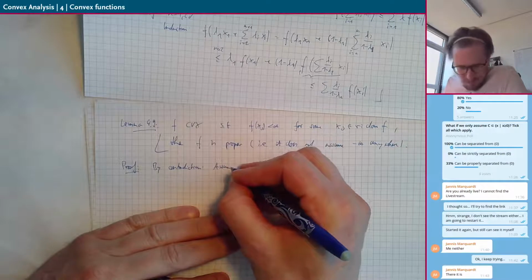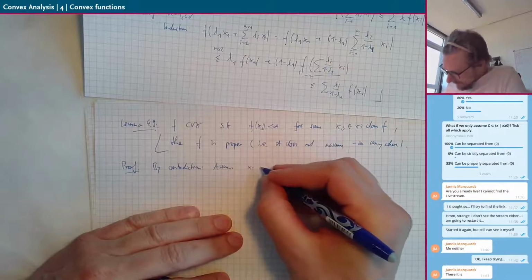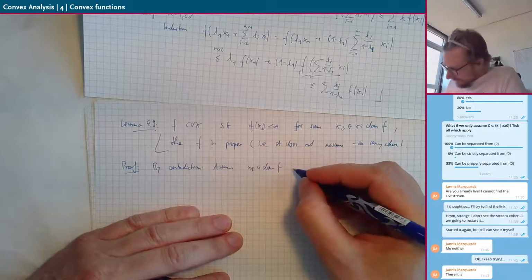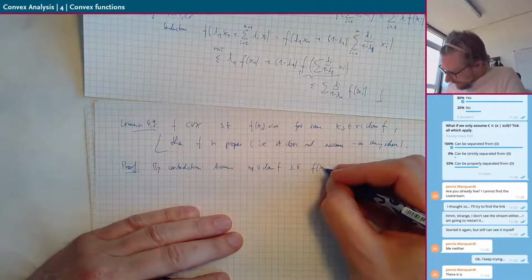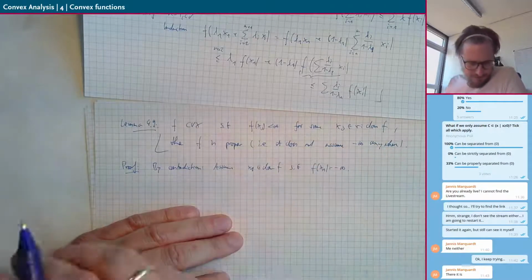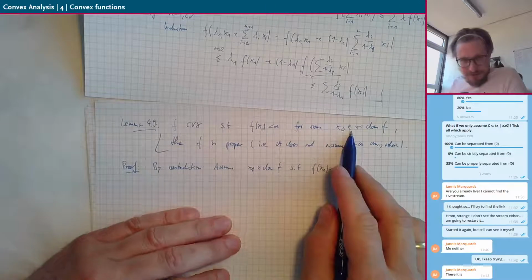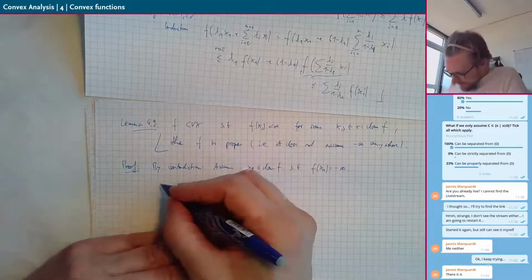Assume there is an x1 in the domain of f, such that f of x1 is minus infinity. But we have this point x0 in the relative interior.